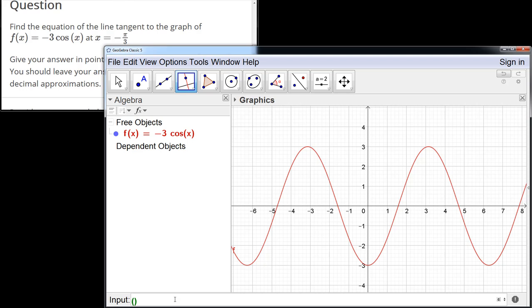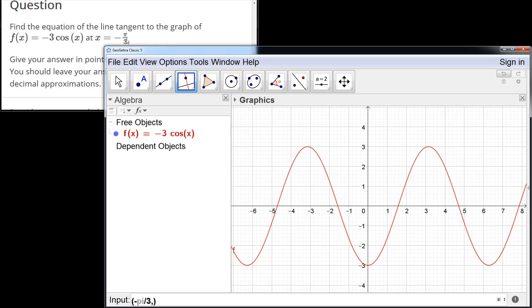What's cool about GeoGebra is I can just type in a point here. I'm entering the x-coordinate, and I want it to be -pi/3. And the y-coordinate, you might say, what is the y-coordinate going to be?